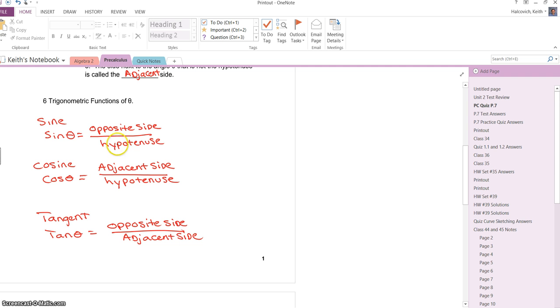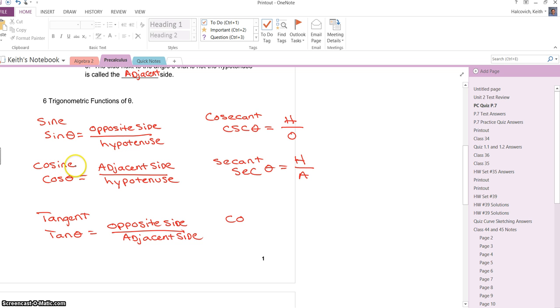There are also three reciprocal functions. There's the cosecant, which is CSC. It's the reciprocal of the sine, so it'll be hypotenuse over opposite. There's the secant, which is SEC, the reciprocal of the cosine, so it's hypotenuse over adjacent.